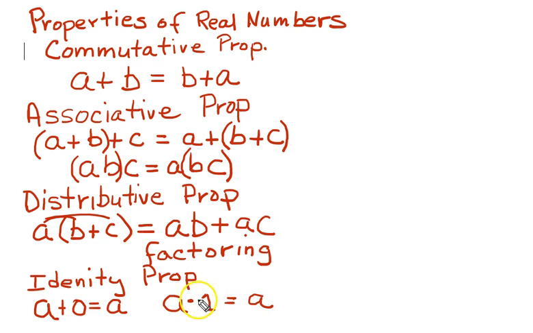So this is called the identity property of multiplication. Now you might recall from our previous lessons, we use this a lot to make equivalent fractions. And just a quick review of that would be if we had 1/2 and we wanted to make that 1/2 into an equivalent fraction that had, let's say, a denominator of 8, how would we do that?